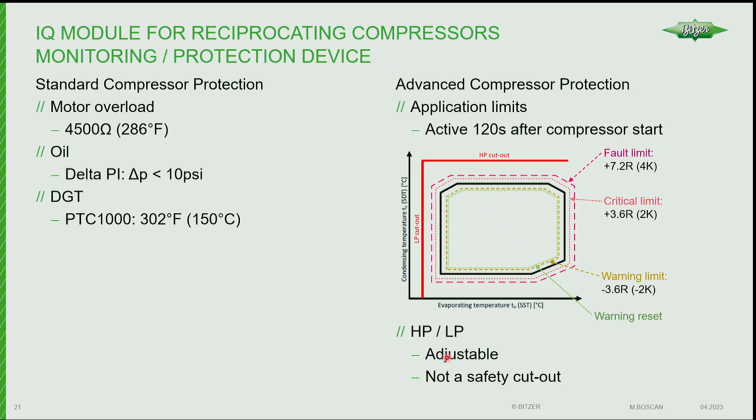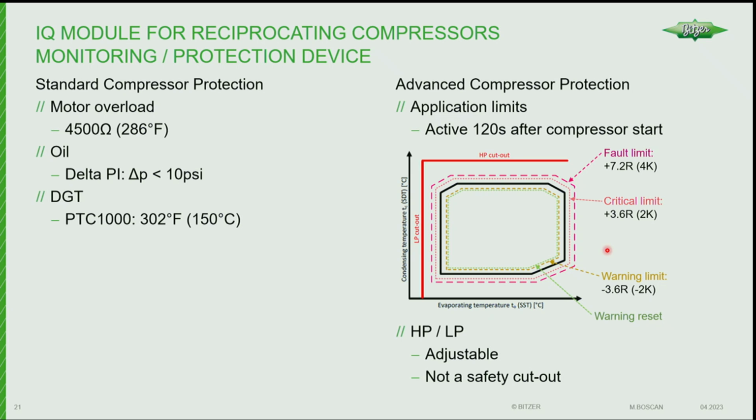So your question about the high pressure and low pressure: I have the two red lines right now outside the application limits, which means they would never come into play because the application limit boundary would stop the compressor first. But if you wanted to lower this high pressure cutout to somewhere in the middle of the application window, you could do that.